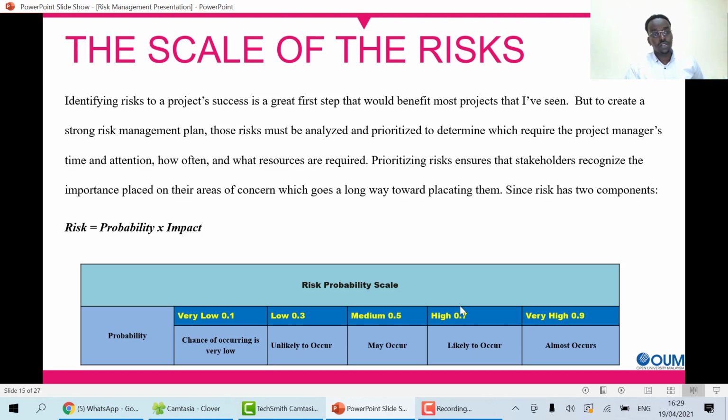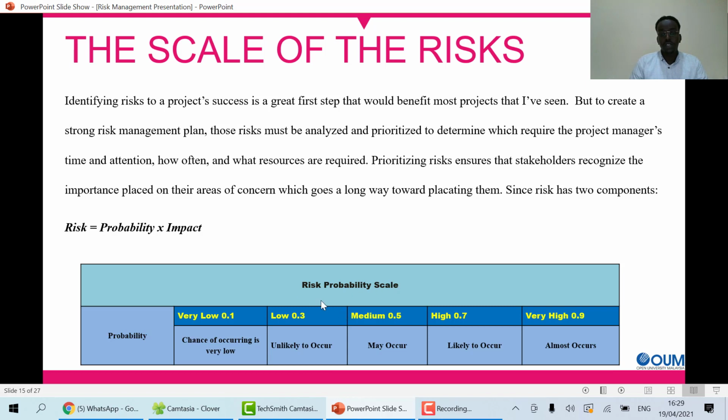Risk has two components: risk is equal to probability times impact. Probability means the chance that this risk can occur, and impact means how it affects our program or project if the risk occurs.